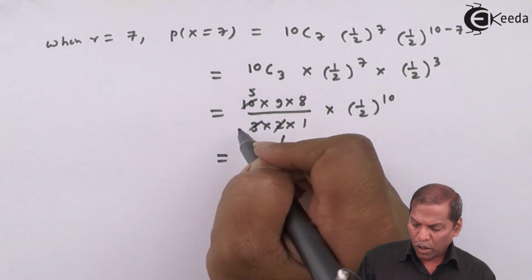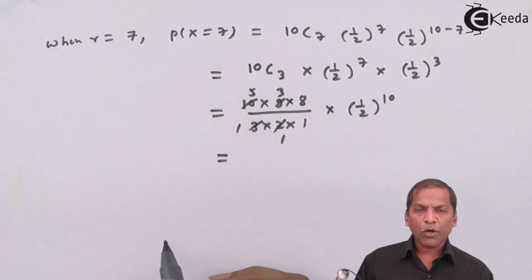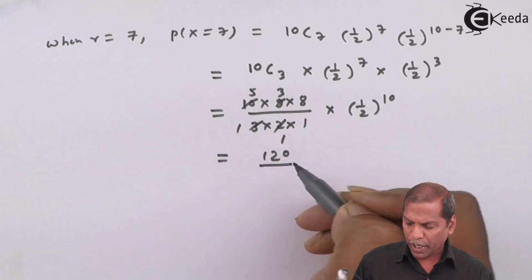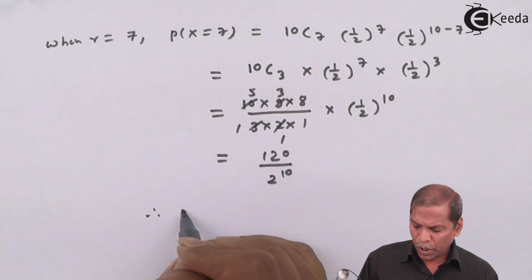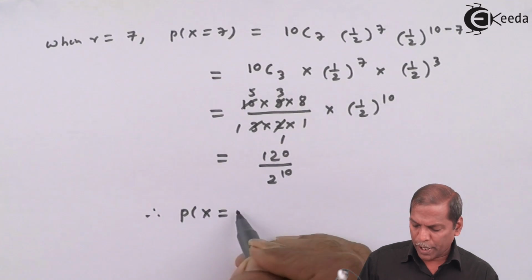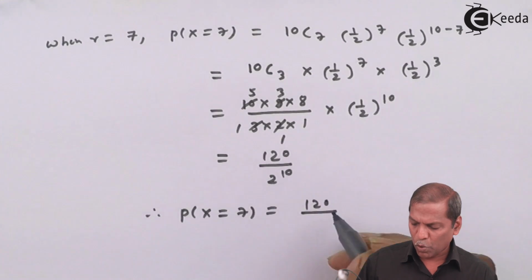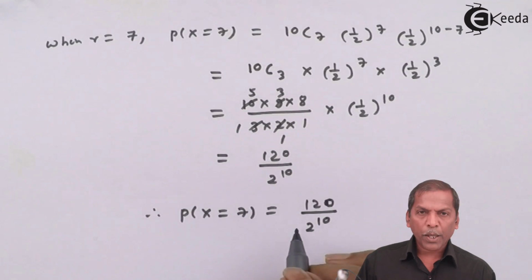Then 3 ones are 3, 3 threes are 9. 5 into 3 is 15, into 8, so we get 120 upon 2 raised 10. So in this way we get probability x equal to 7 is equal to 120 upon 2 raised 10.